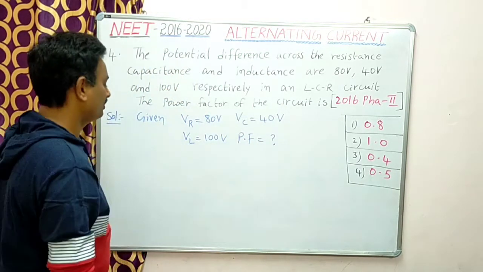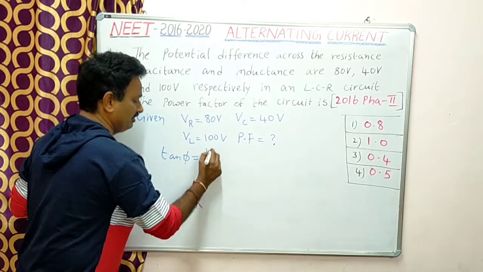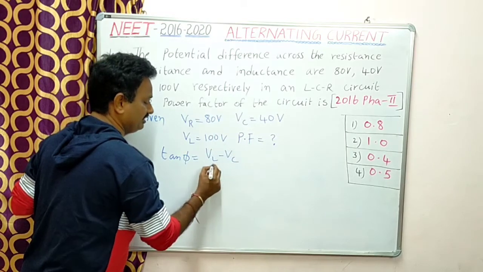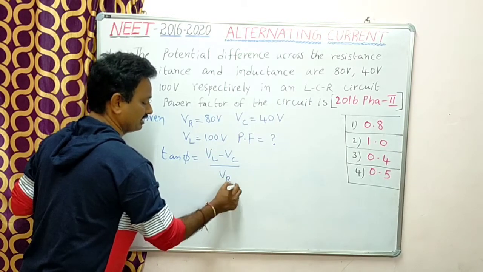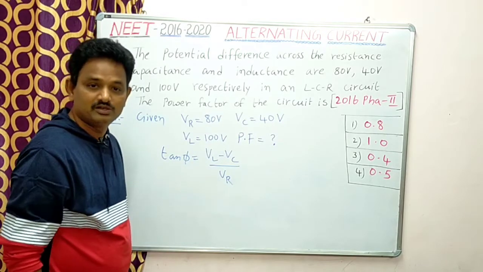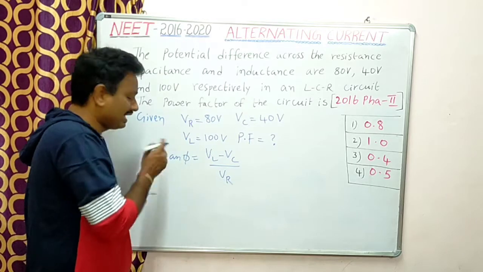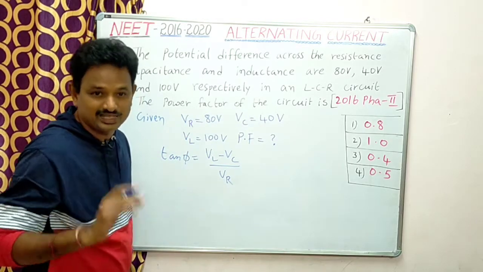Okay. So we have tan phi is equal to VL minus VC by VR. See why I took tan phi equal to VL minus VC by VR? Because power factor is equal to cos phi. By finding tan phi, with that I can find cos phi.